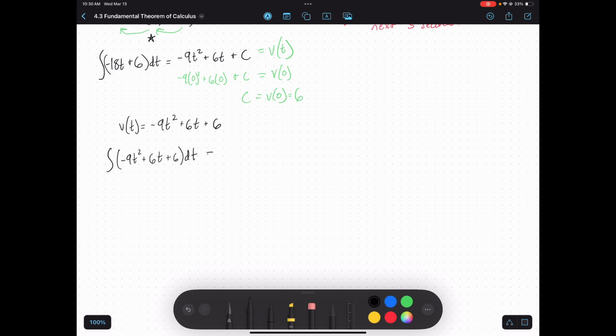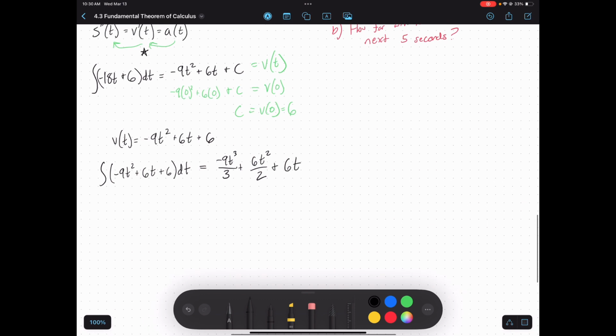Okay, I'll slow it down in this one. So I add 1 to the exponent and divide by that number. Same thing here. I get 6t squared divided by 2. And then with my second 6, once again, all I'm doing is adding a t onto that constant, and then I get another constant.